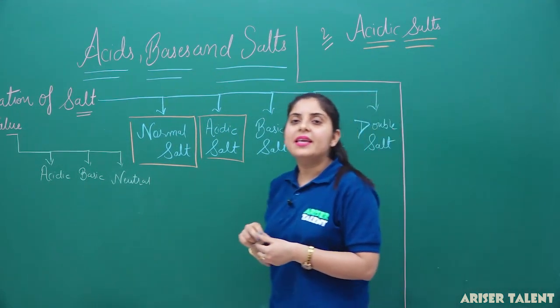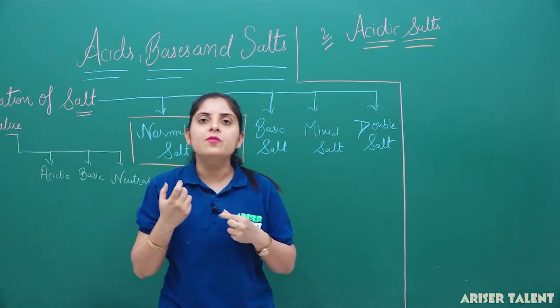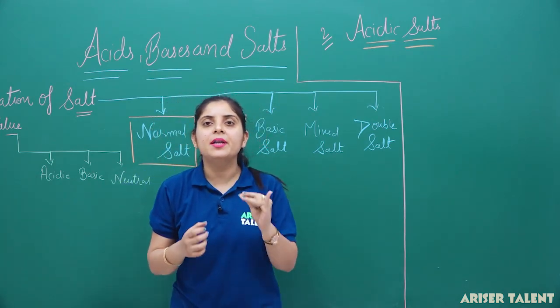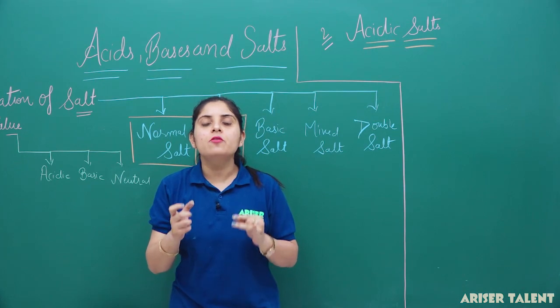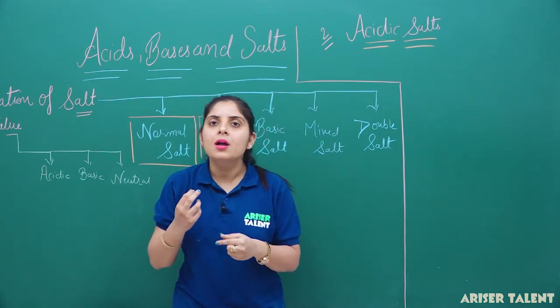Now, what happens in the case of acidic salts? Acidic salts are basically formed when there is a replacement of the hydrogen ion of a polybasic acid by some acid or by some ammonia.